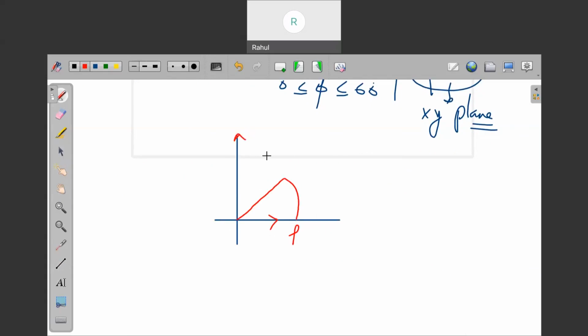This is O, and this is O to P, and this is Q, and this is 60 degrees. So this is the x-axis and this is the y-axis. So in the xy plane they have given this kind of edge L of a wedge. If you are along the x-axis, you are along rho, so you have to consider the rho component only.